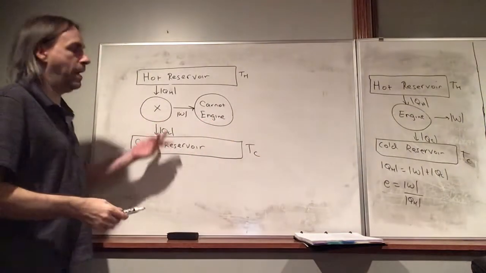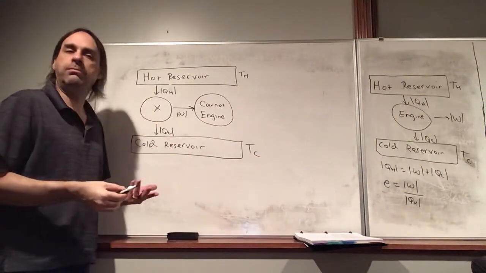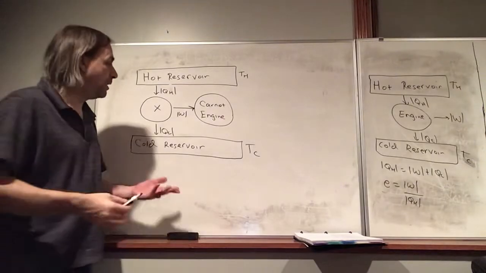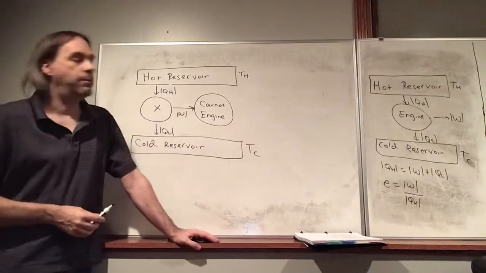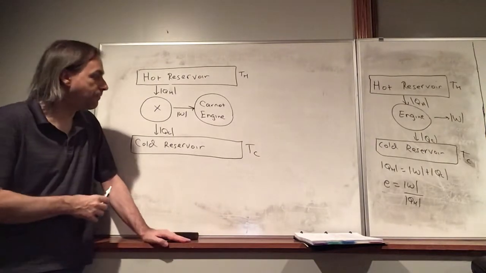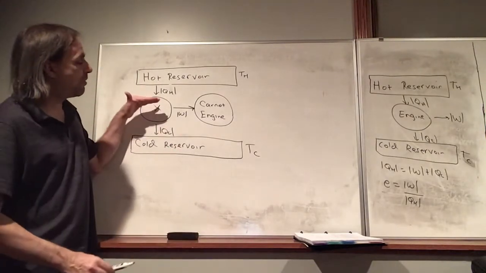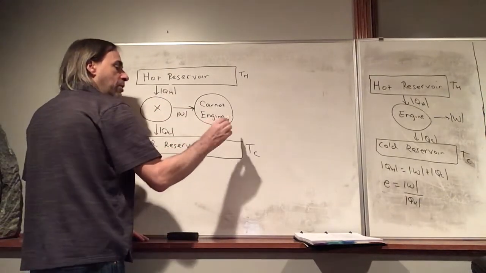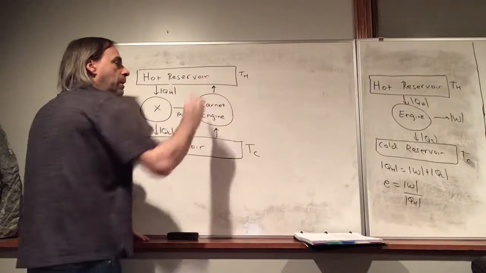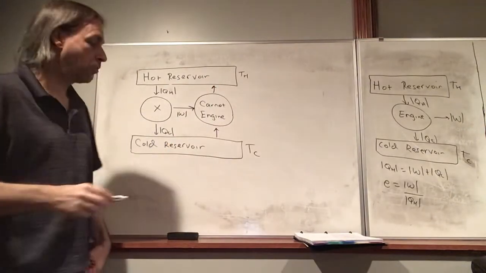So remember, for a refrigerator or a heat pump, fundamentally it doesn't matter how we do this. We're basing this on things like conservation of energy. So we're going to use this work to take energy out of the cold reservoir and dump it into the hot reservoir.